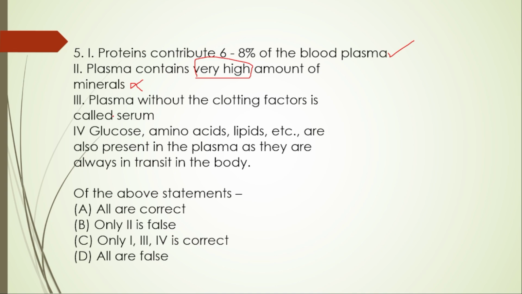Third statement, plasma without the clotting factor is called serum. Yes, of course this one is correct. And the fourth one, glucose, amino acids, lipids, etc. are also present in plasma, as they are always in transit in the body.